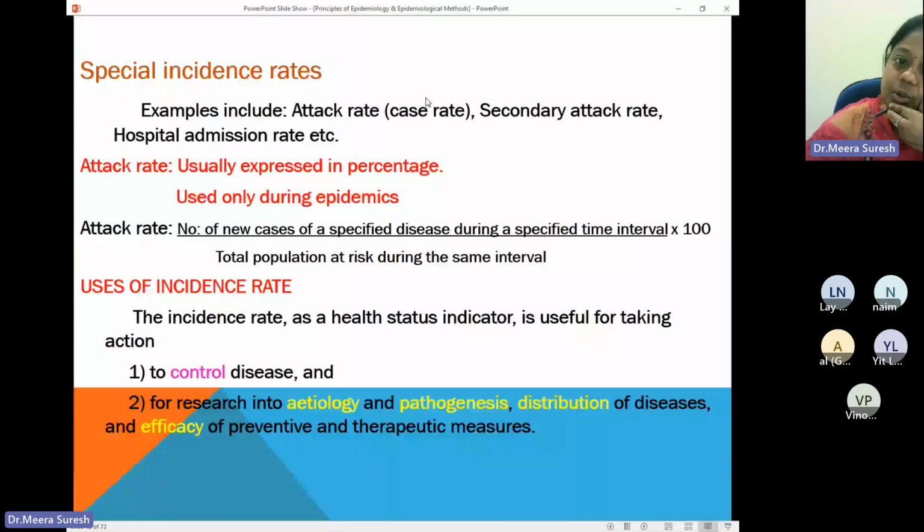In epidemiology, they usually use these confusing terms, especially in exams, to make students confused. Someone who doesn't know there is a second name for attack rate, that is case rate, and sees case rate in the question paper, won't understand it is the attack rate being mentioned. In epidemiology there are a lot of such synonyms.